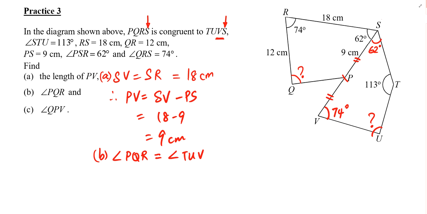Now that I have put in all the angles that I know. Oh, no, there's one more. T is 113. If T is 113, then P must also be 113. Now I want to find angle PQR.